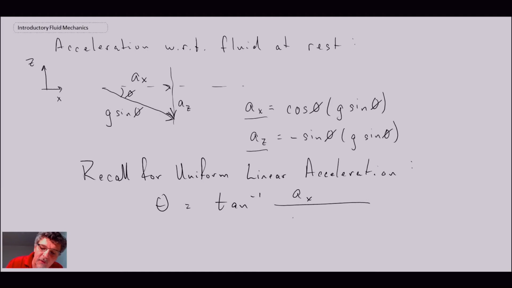Ax, so the x component of acceleration, divided by the gravity vector in scalar form, and az. So broken down into the two different components. So let's take those, and we take ax, az, and g, and we'll go through and see what we get.